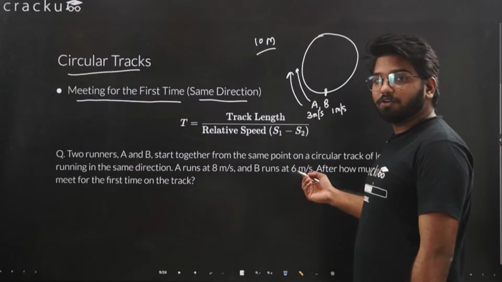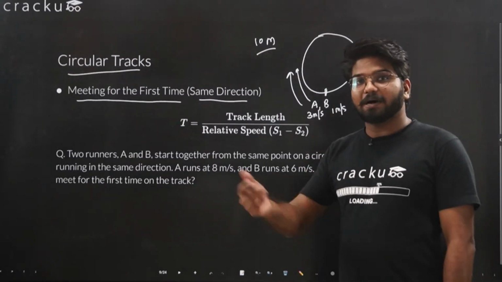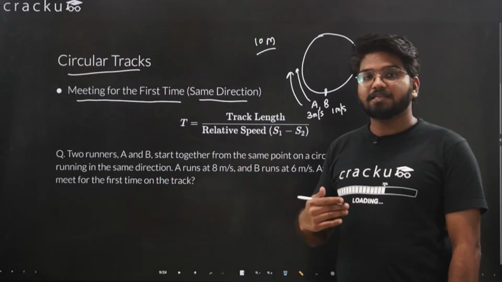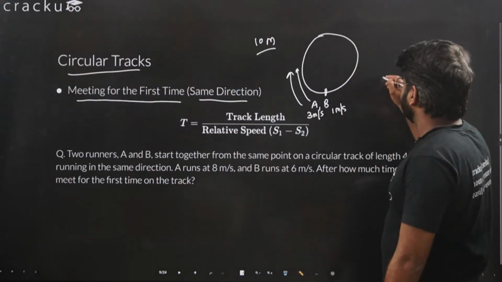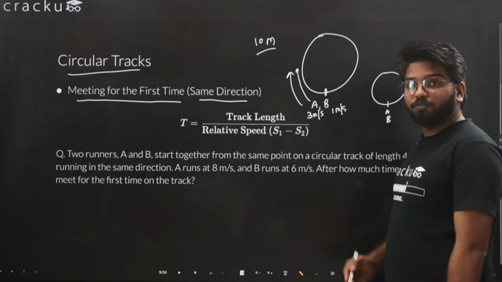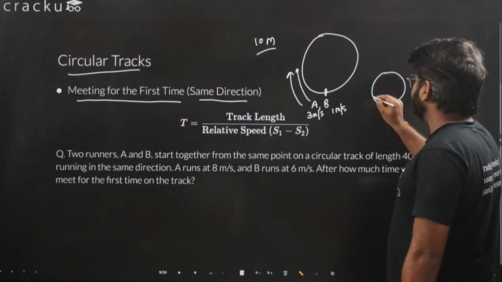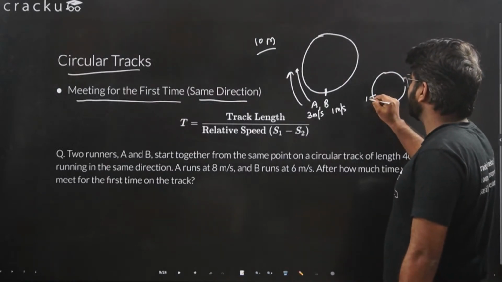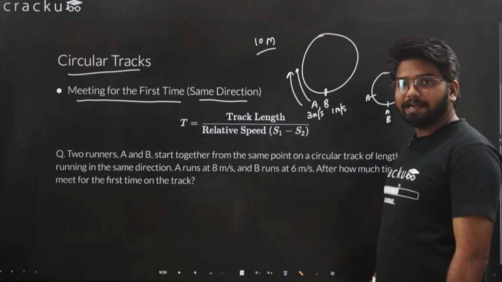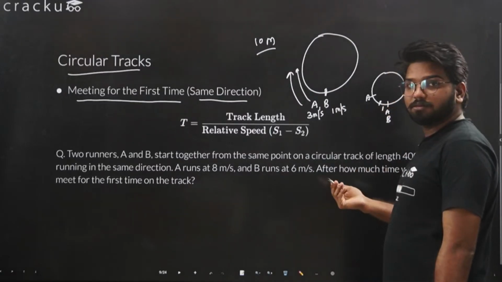If A has a speed of 3 meters per second, you clearly know that A will completely bypass B when they start the race. Let's say here we have A and B. A is moving 3 meters per second. So after 1 second, A is here and B is only here, because B has covered only 1 meter.